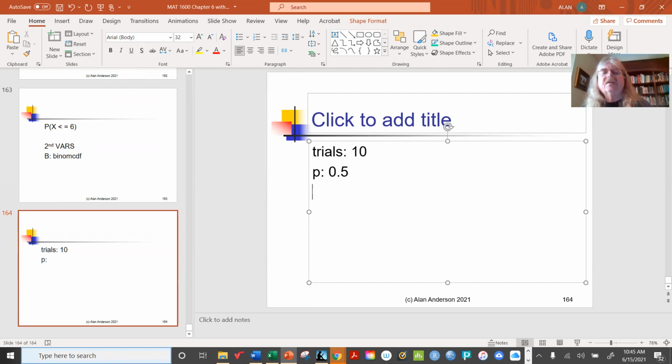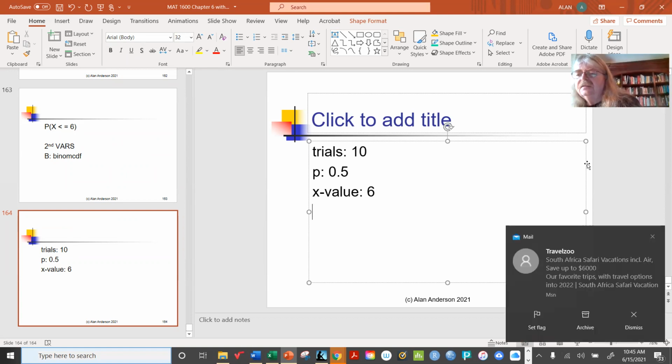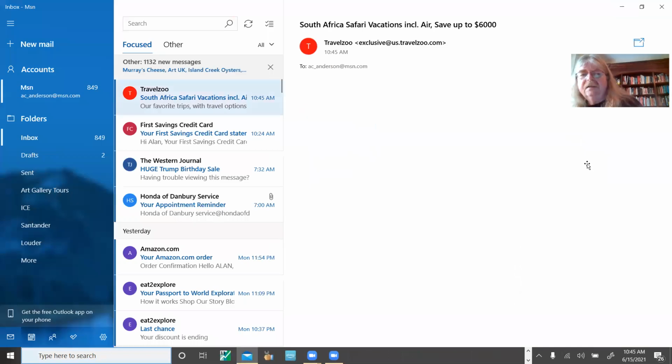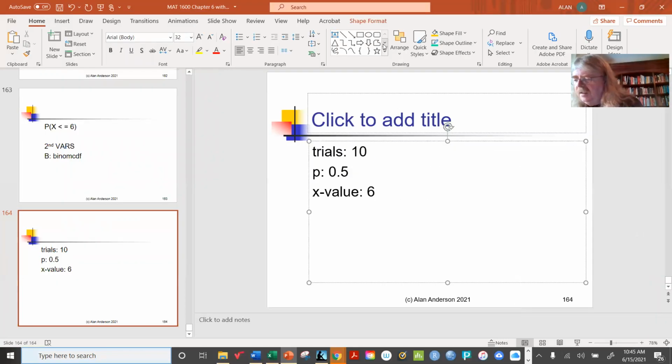P is a half, of course, because it's the probability of a head. And now X value will be 6, because it's binom CDF. It understands that this means less than or equal to 6. So I'll have 10 trials, 0.5 probability, 6 is my X, and that comes out to be 0.828125. All right, I'll just leave in all the decimals.